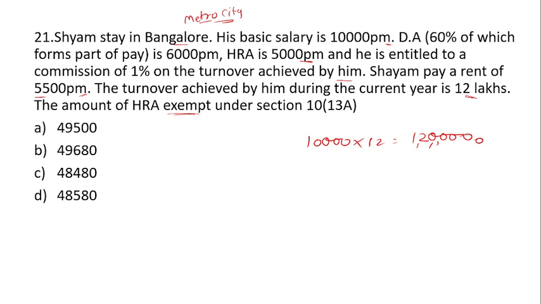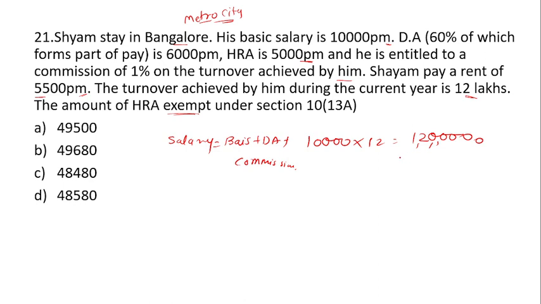How do we calculate the salary? Salary is equal to basic salary plus DA plus commission. So how much amount? There is 12 lakh.